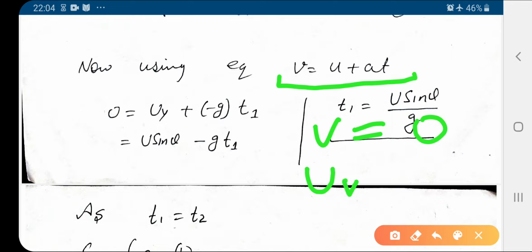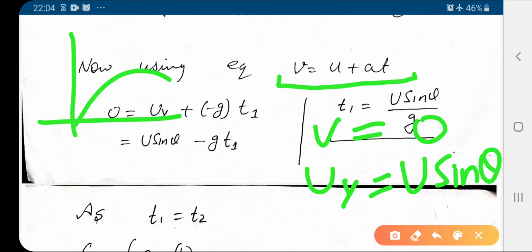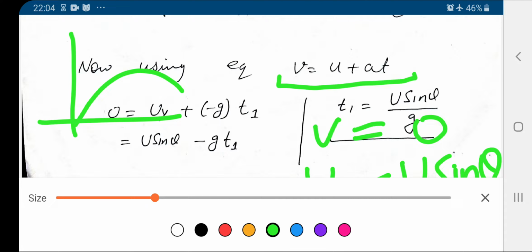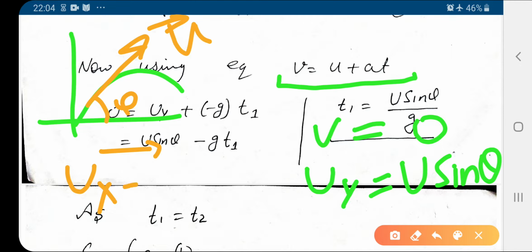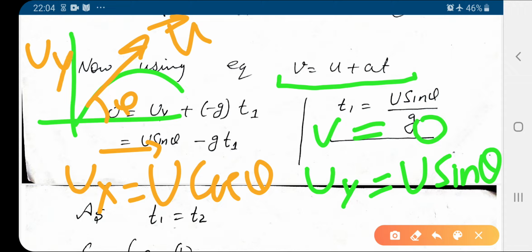So for maximum height it is along y axis, uy, and you know uy is u sin theta, as we discussed in the last video, that if the projectile is projected like this, and if this is the u vector and this is theta, then ux is u cos theta and uy is u sin theta.